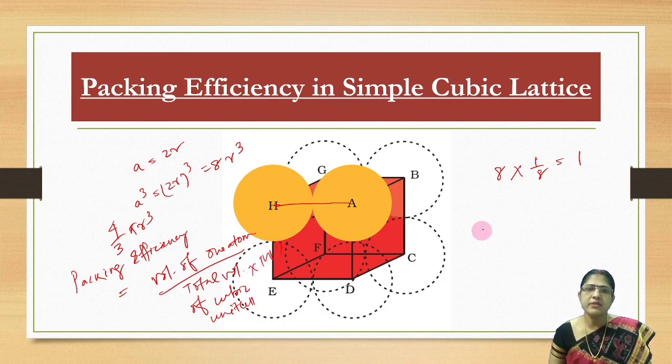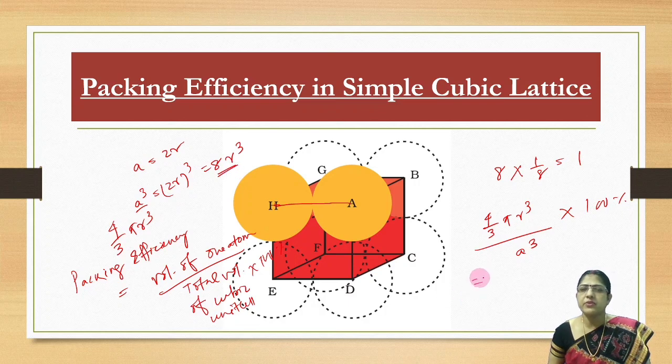Volume of one atom is 4 by 3 pi r cube divided by total volume. Total volume is A cube into 100%. So A cube is equal to 8R cube. So we put here 4 by 3 pi r cube divided by 8R cube into 100%.